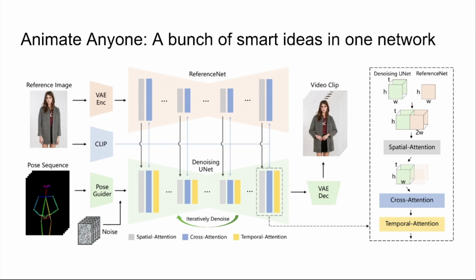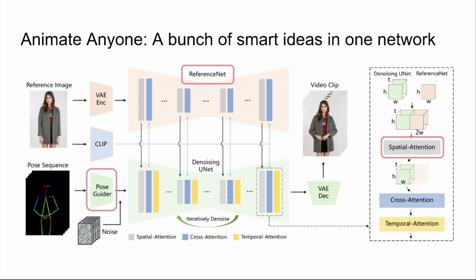So the main difference from Stable Diffusion or other widely used diffusion models is 3 parts. The first one is the reference net, and the second, along with that reference net, they use another special term called the spatial attention. And finally, there's another thing called the pose guider.